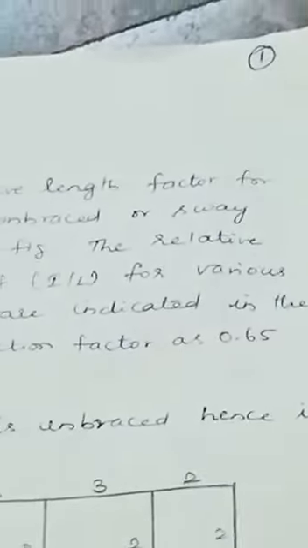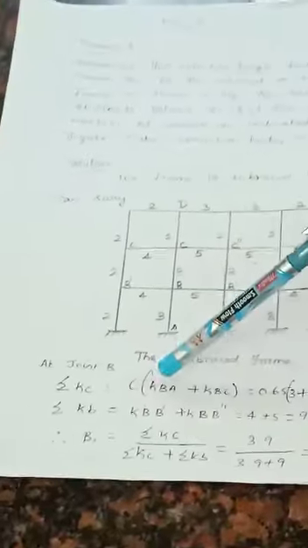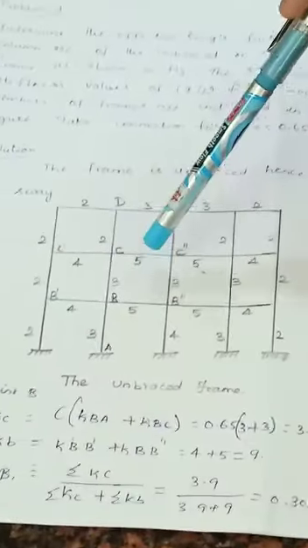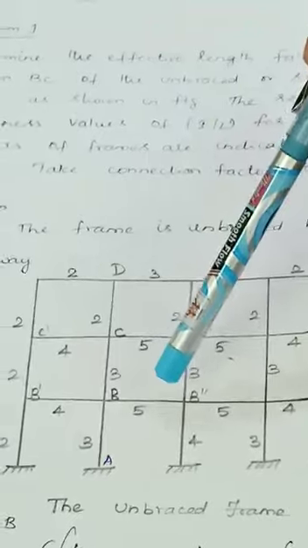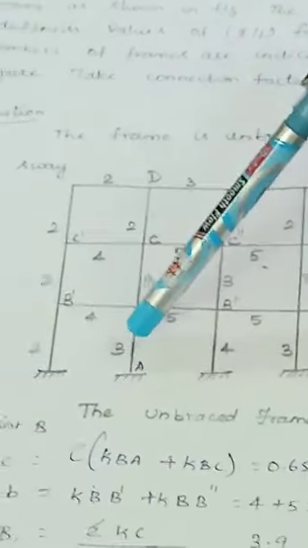I have already told that this connection factor 0.65 is only applicable for the column. Hence BA and BC are considered, and C is the connection factor, which is 0.65. The relative stiffness of BA is given as 3 and of BC is given as 3.